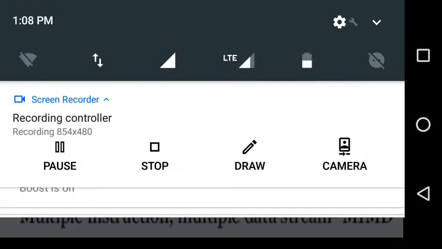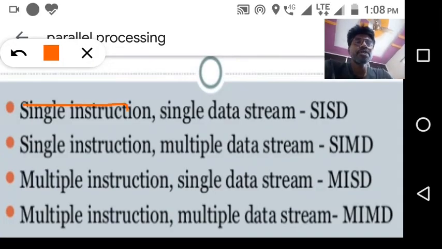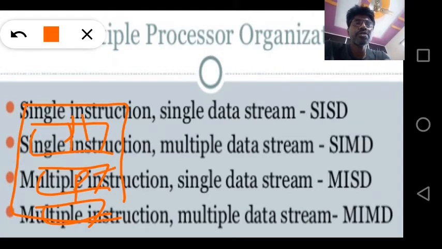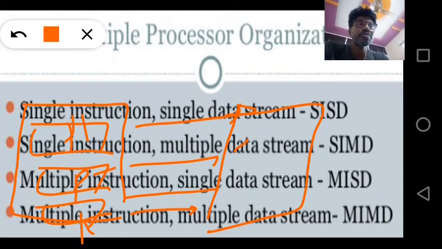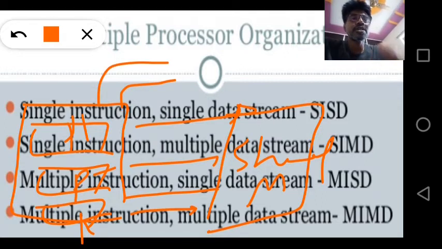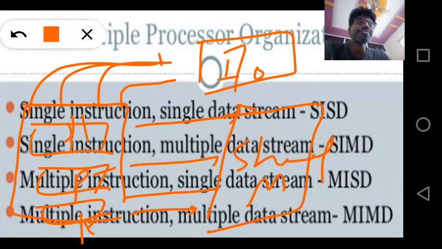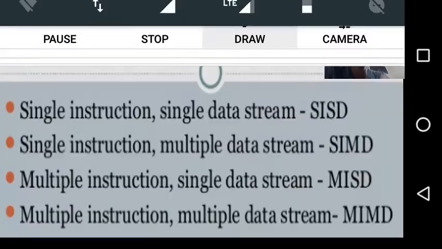So the diagram looks like, if this is my computer, it can have n number of processors, all connected to shared memory and connected to IO devices. So let me redraw the diagram.